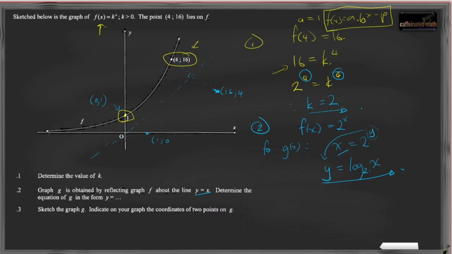Now the second thing we do is to realize, hey, this is an exponential graph. It has a horizontal asymptote. So allow me to throw in a hypothetical vertical asymptote, because that gets inverted as well. For f we have a horizontal asymptote, and for g, our inverse, we have a vertical asymptote. Now it's a question of just tracking what's happening with the original graph.